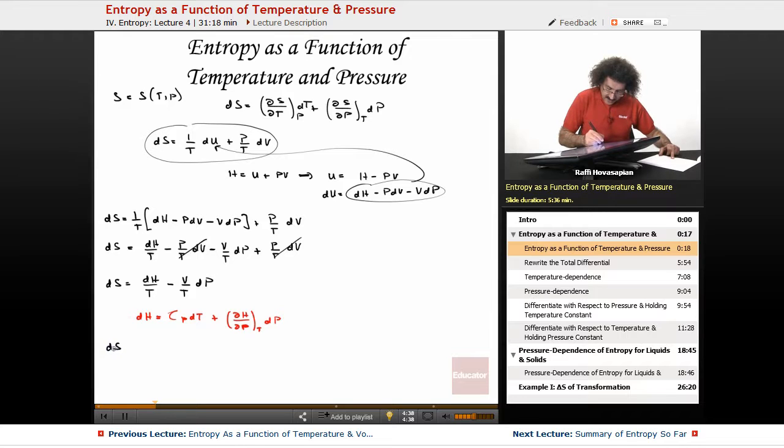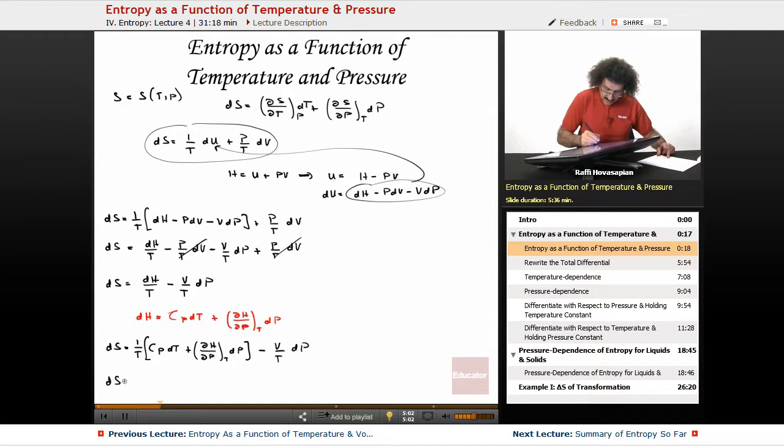We get dS is equal to 1 over T times Cp dT plus (dH/dP) at constant T dP minus V over T dP.